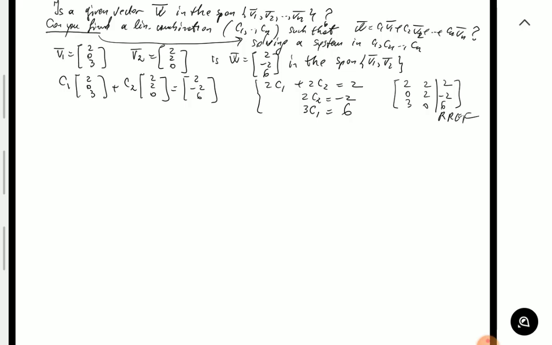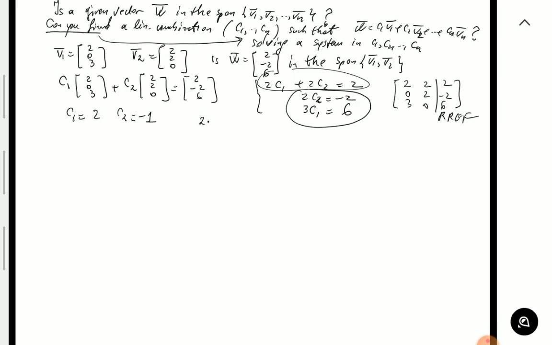In many other cases, though, when the number of equations and unknowns is rather small, you could just bypass that and solve it directly. I can take advantage that the last two equations can be easily solved immediately. I get C1 equals 2, C2 equals negative 1, and I can then verify the first equation to see if it's satisfied. If it's not, that means the vector given is not in the span.